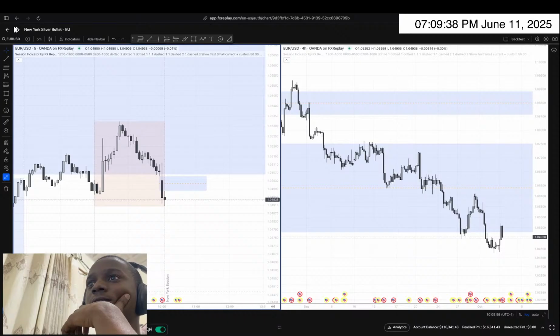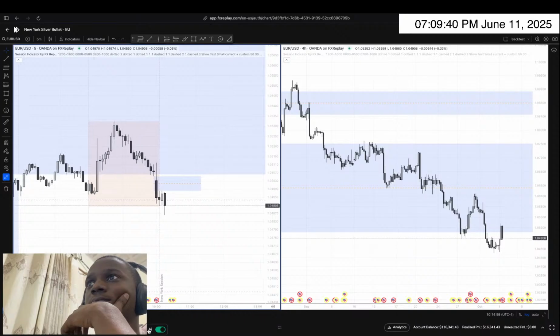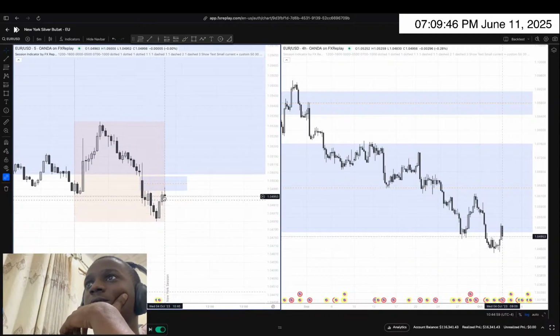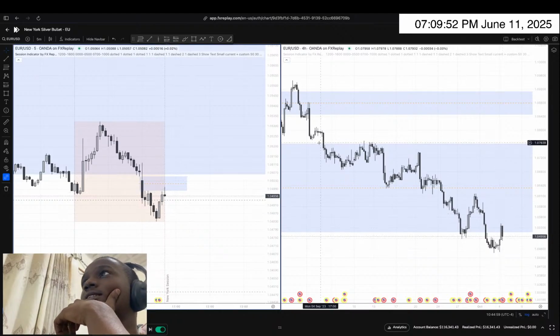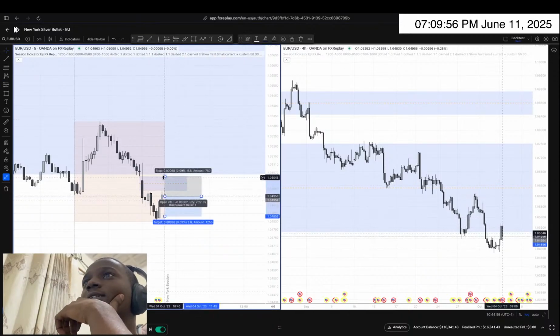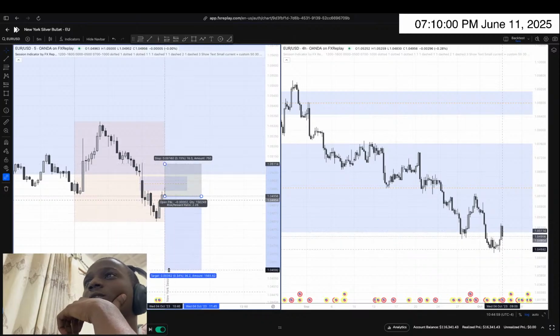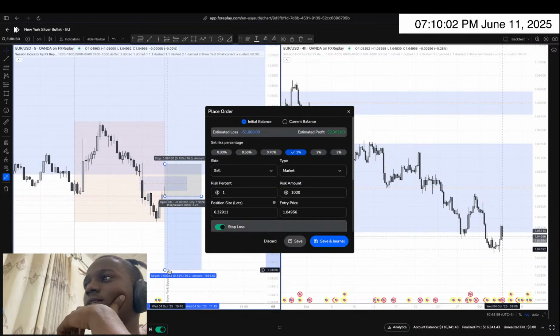This candle. No retracement. Okay, it taps into it at 10:40, which means you can have a short entry the moment it taps into it, and the stop loss will be right there. We'll take it 1 to 2 and take that trade.